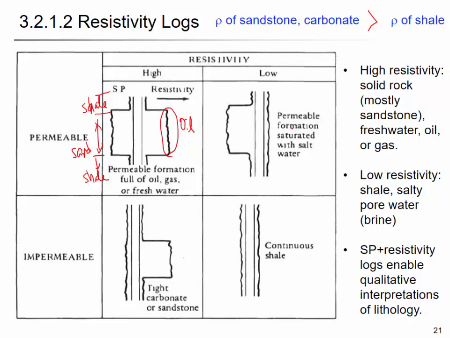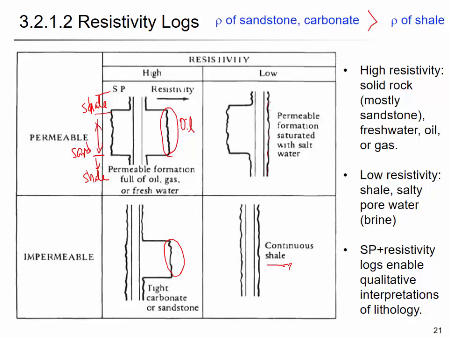And the permeable formation, if it is saturated with salt water, you don't have much signal in the electrical resistivity log. And when you have just a tight formation, here this is the tight carbonate and sandstone, and the continuous shale will just give you this kind of baseline result.